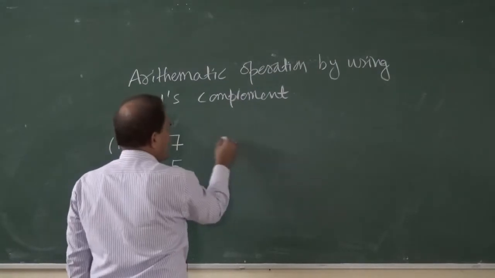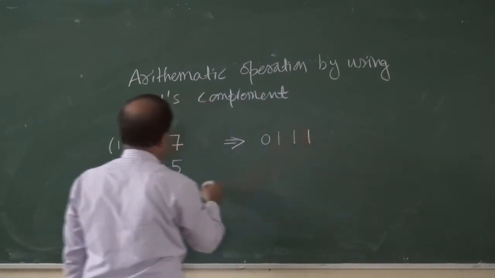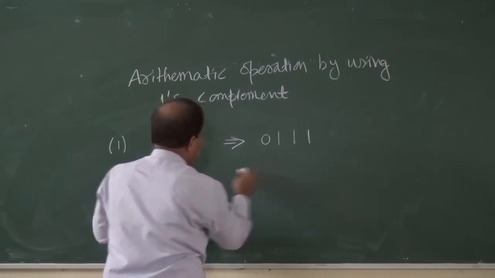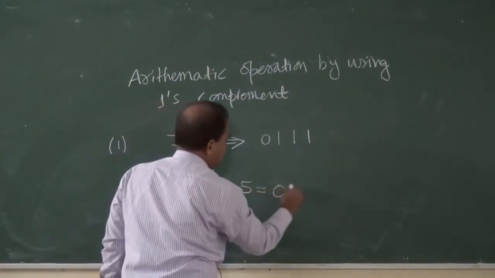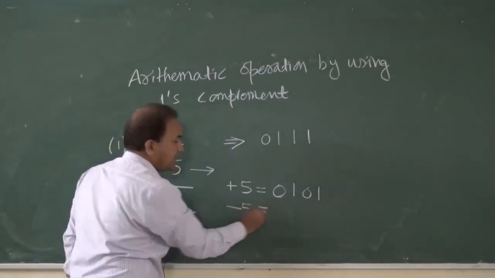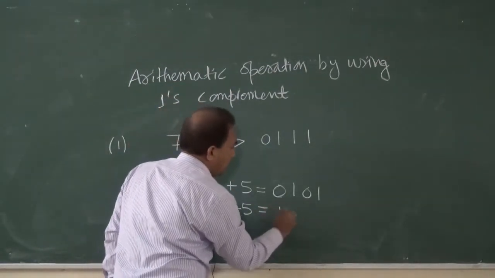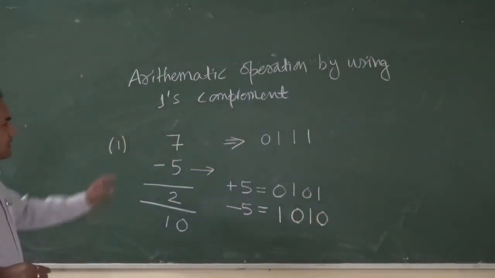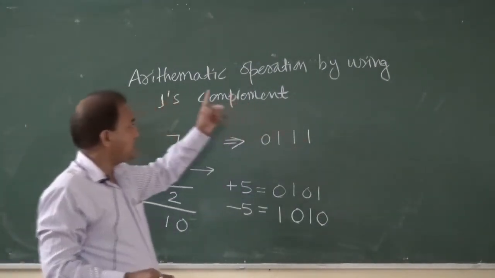So how can you represent plus 7? 0 1 1 1. And first of all you have to represent 5. Plus 5 is equal to 0 1 0 1. And how do you represent minus 5 in one's complement? You just have to complement each bit. So 7 is 0 1 1 1 in one's complement.